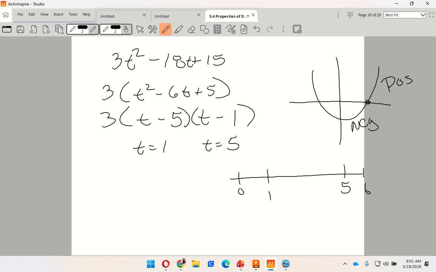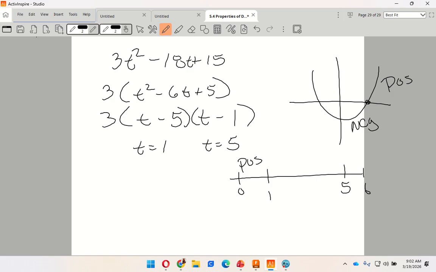So I'm going to throw in some values here to help me out. From 0 to 1, let's throw in a 0 and see what we get. That's going to give me a -5 and a -1. Negative times negative gives me a positive. So from 0 to 1, I'm going to the right.